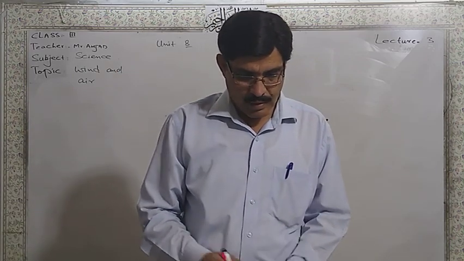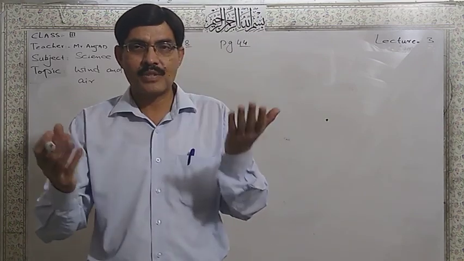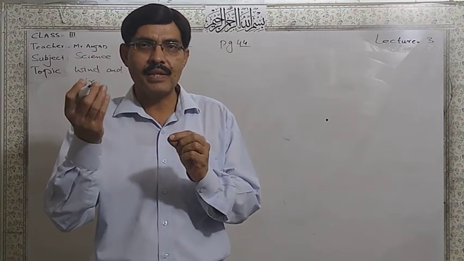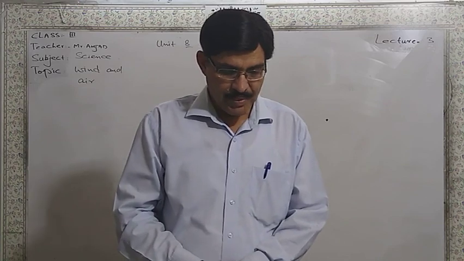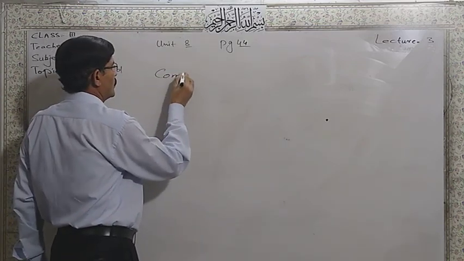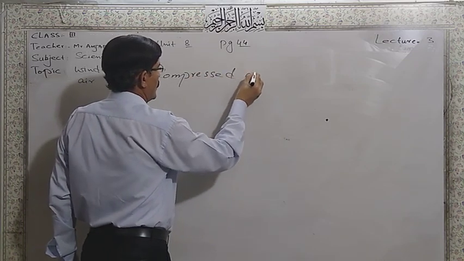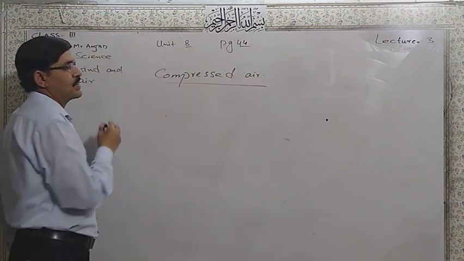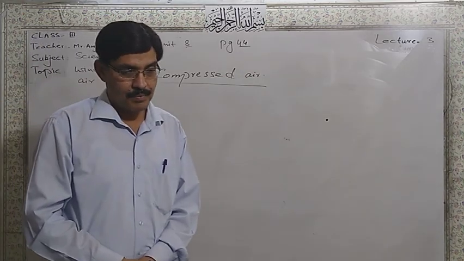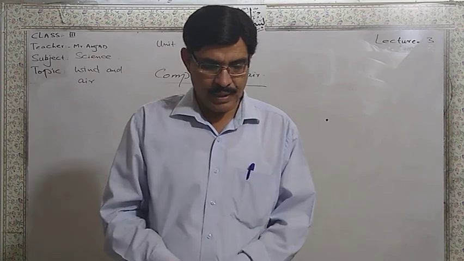Second one, wind is the movement of the air. Wind, what is wind? It is the movement of the air, compressed air. What is compressed air? To compress means to squeeze together.